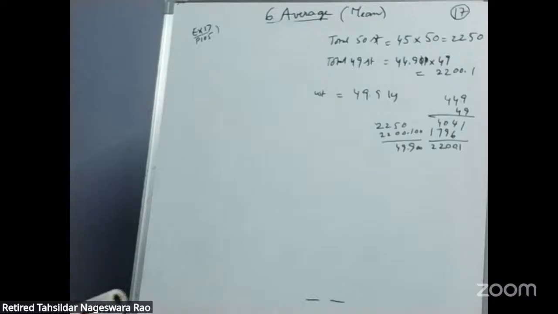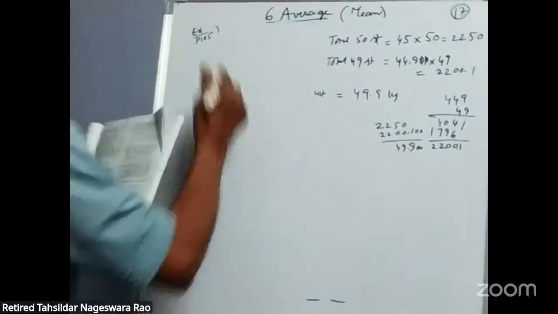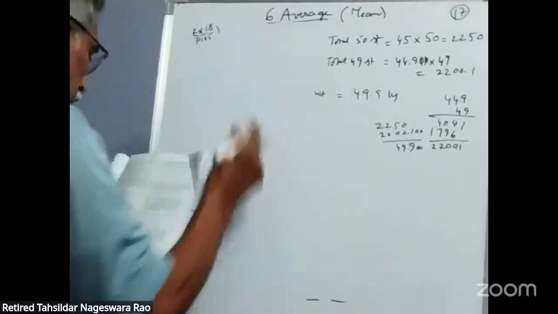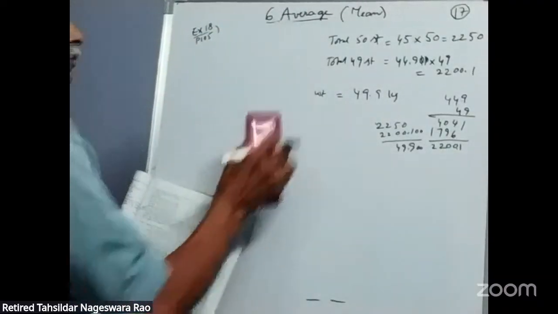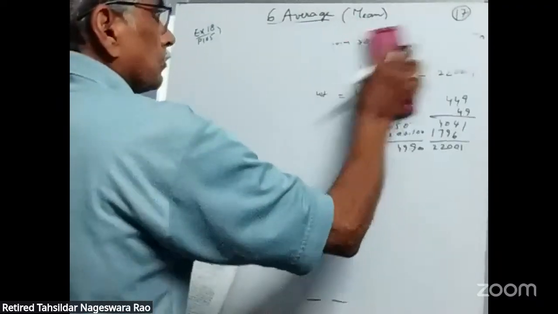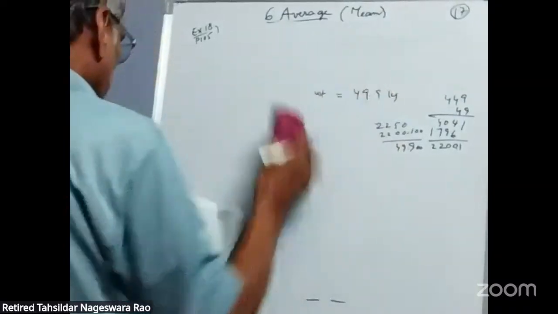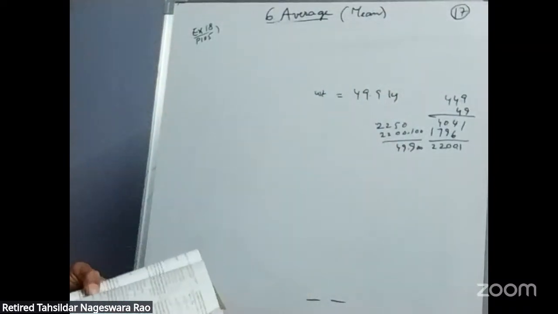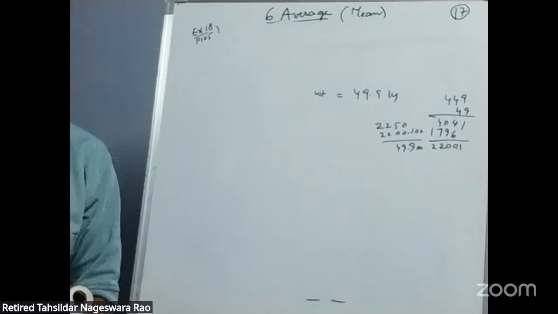Next question. 18. The average age of a class of 39 students is 15 years. If the age of the teacher is excluded, then the average increases by 3 months.